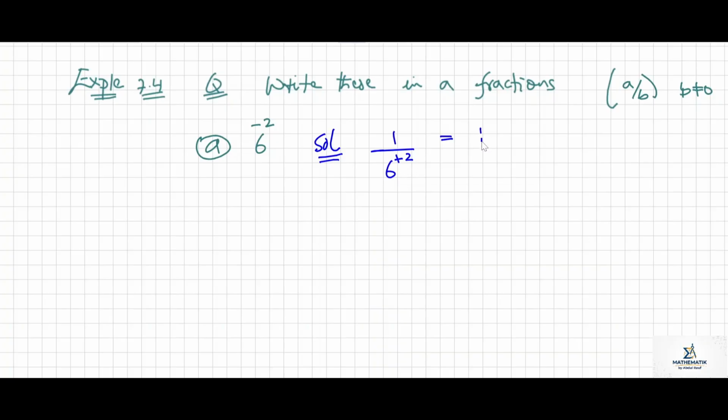So 6 raised to 2 is 36. In part b, 16 raised to negative 1. So the solution for this is 1 divided by 16 raised to 1, or 1 divided by 16.